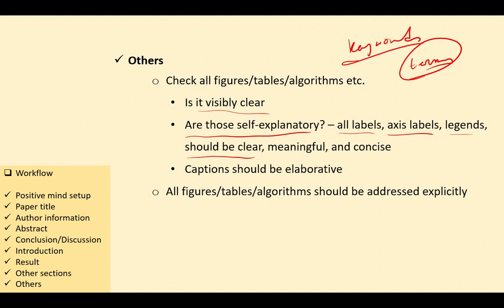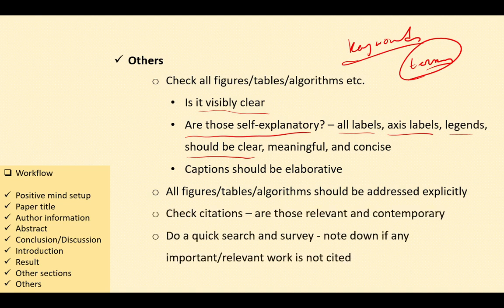Those things should be summarized in the captions. All figures, tables, algorithms should be addressed explicitly. As I said, once something is represented in the paper, any equation, figure, table, algorithm or diagram has to be mentioned in the text explicitly and explained.